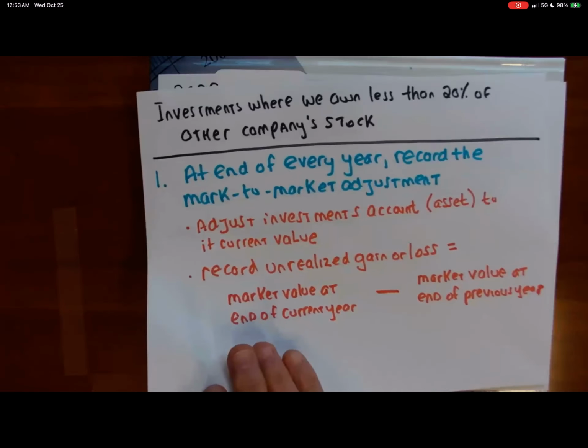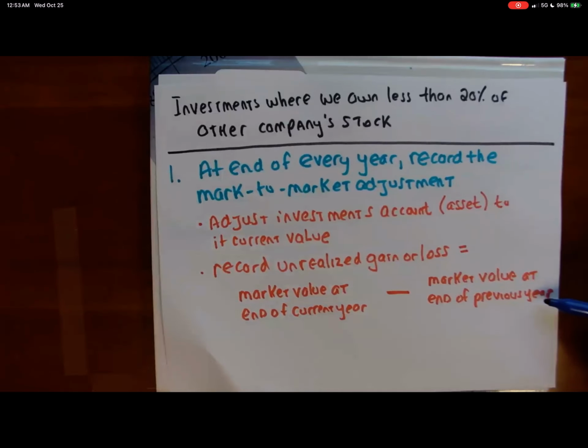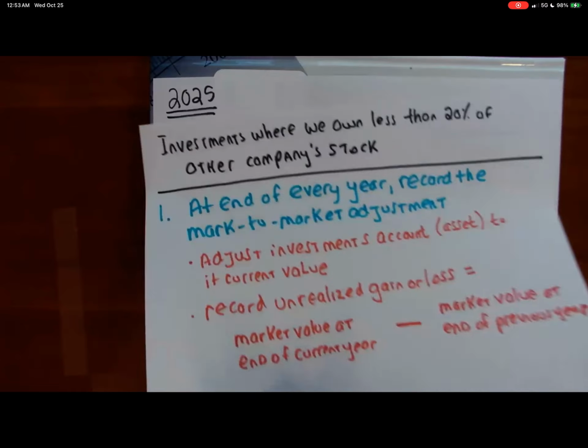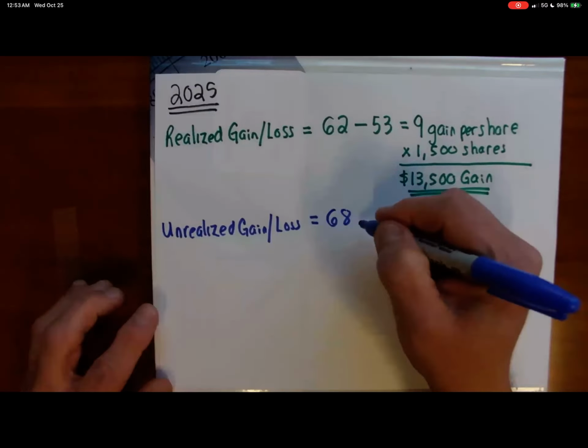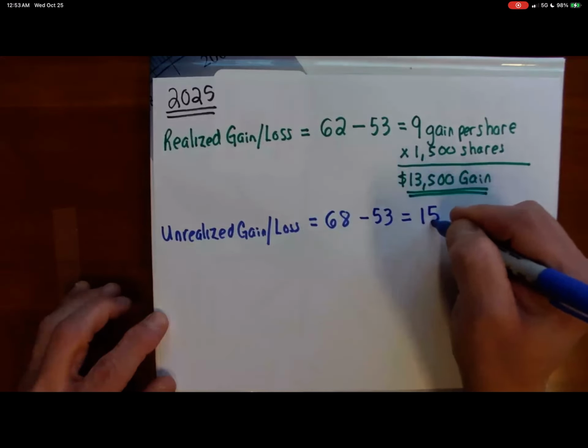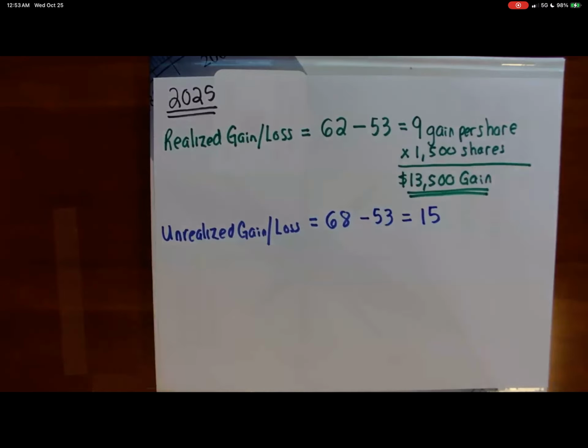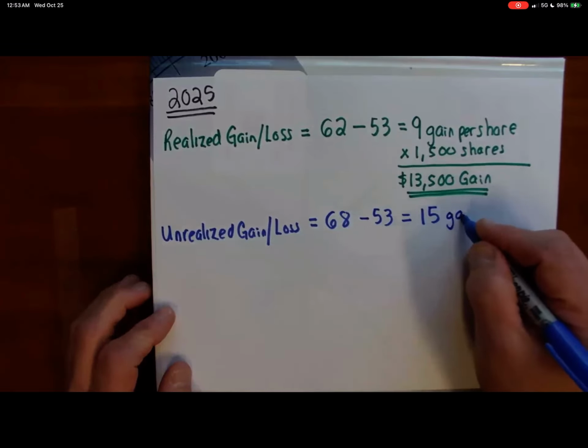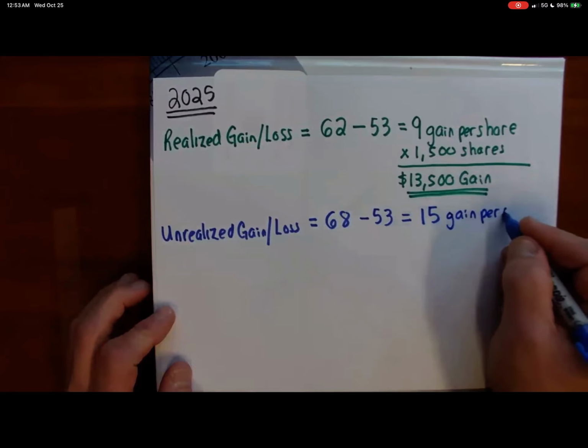Minus the market value at the end of the previous year. At the end of 2024, they were worth $53 a share. The difference there is 15 bucks. Matthew, just again, so we're all on the same page, is that a gain or a loss? It would be a gain. Of course it would be. The value has gone up by 15 bucks, giving us a $15 gain per share.